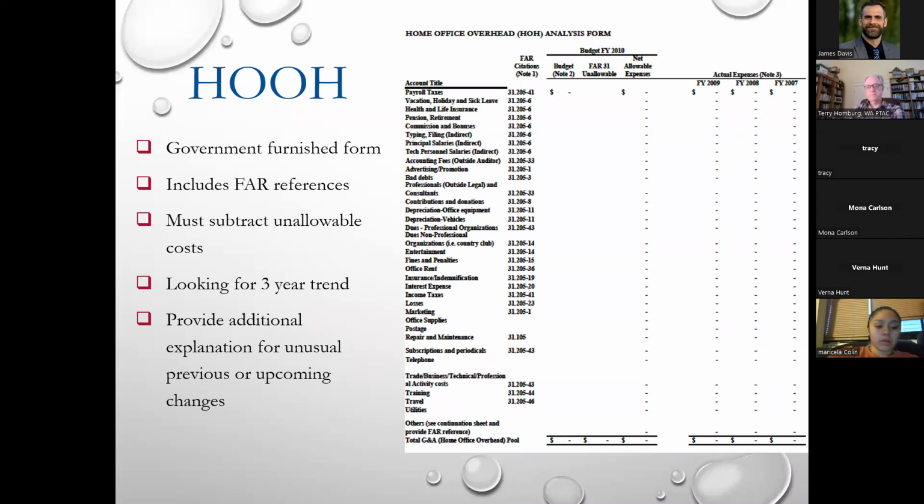Okay. In order for them to get that information, you have to fill out this form. What generally I asked for in the past is if you fill out this form, giving me your last 3 years, plus your current projections, I can go through then and determine that your business expenses are standard, they're consistent, and they're fair and reasonable.